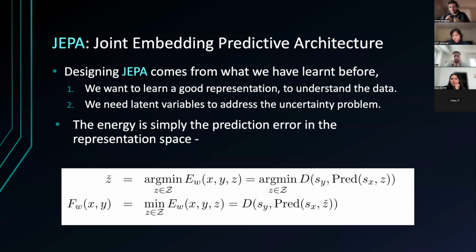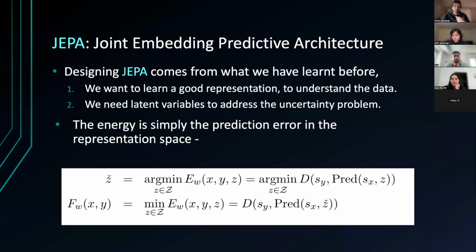A little bit of change in a pixel value doesn't entirely change the image, right? So that is why we don't want to go to the generative part. We are trying to constrict that to a representation space so that it becomes more abstract, more semantically meaningful. So that is why we come to joint embedding predictive architecture.